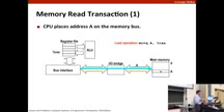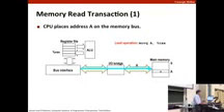Now suppose you do a load operation like movq the 8 bytes at address A into RAX. We call that a load because, from the point of view of the CPU, we're loading data from memory into the CPU.